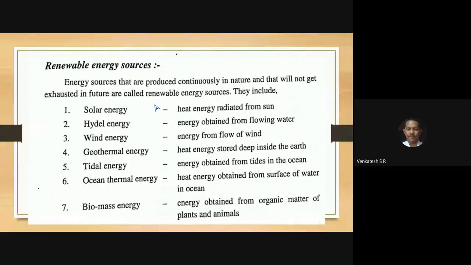There is no air pollution or noise pollution or anything. So for solar energy, hydel energy, and wind energy, which are green energies, there is no noise pollution and no air pollution. For that reason, these solar, hydel, and wind energy are green energy resources.